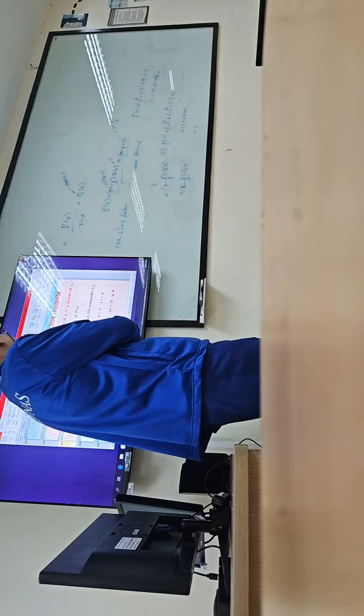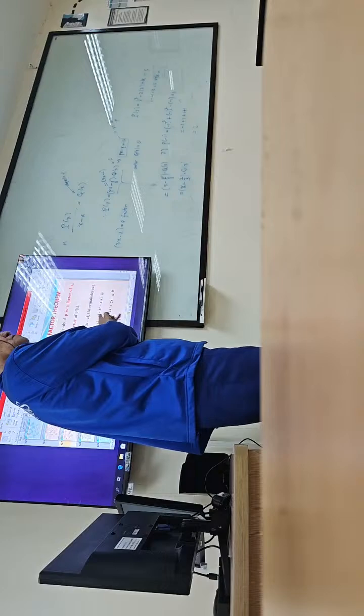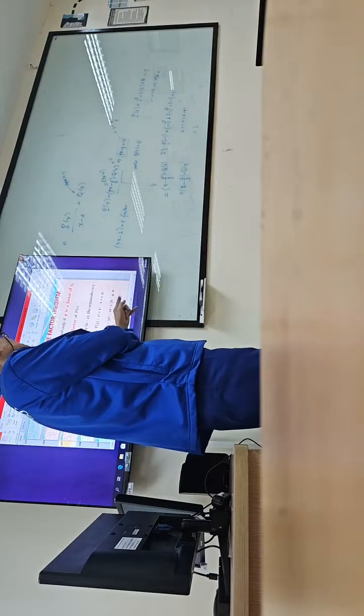Let's go to number 3c here. How do you find the remainder when you divide this polynomial by 3x minus 2? What do you do?